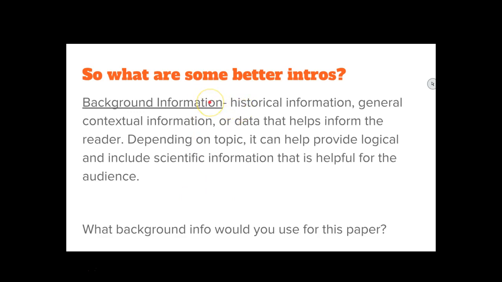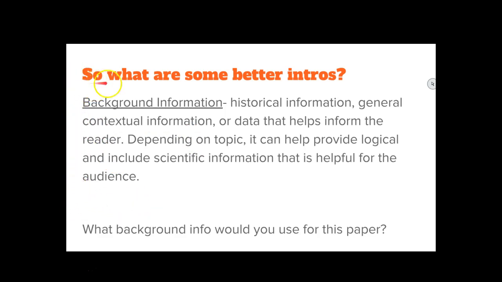Depending on your topic, historical information might be relevant, or general contextual information, like background between you and the person that you have the relationship with, or any sort of data that helps inform the reader. Any type of information that provides that background. Sometimes you can look it up, right?